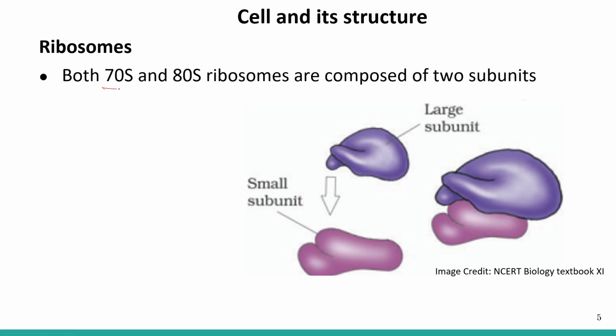The 70S and 80S ribosomes are composed of two subunits, and these subunits are joined at the time of protein synthesis, and they require magnesium ion at the time of joining. This is very important.